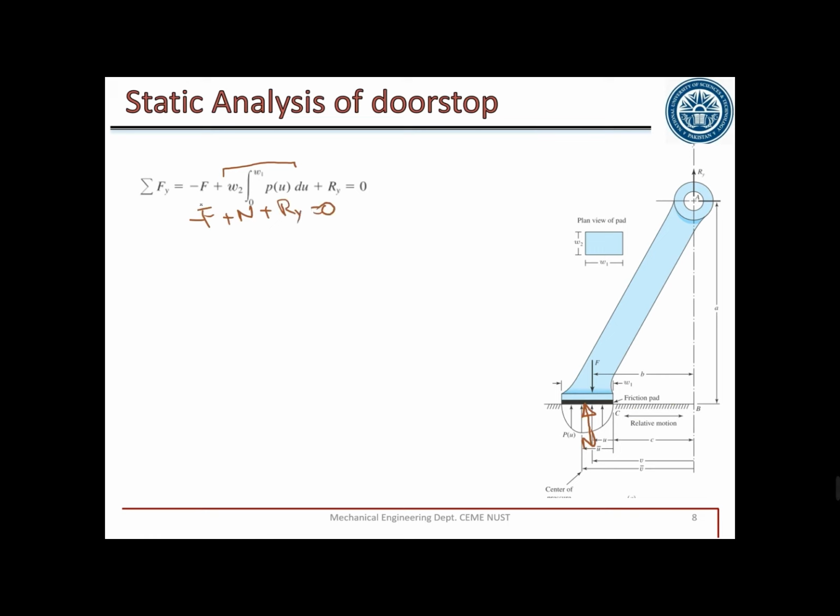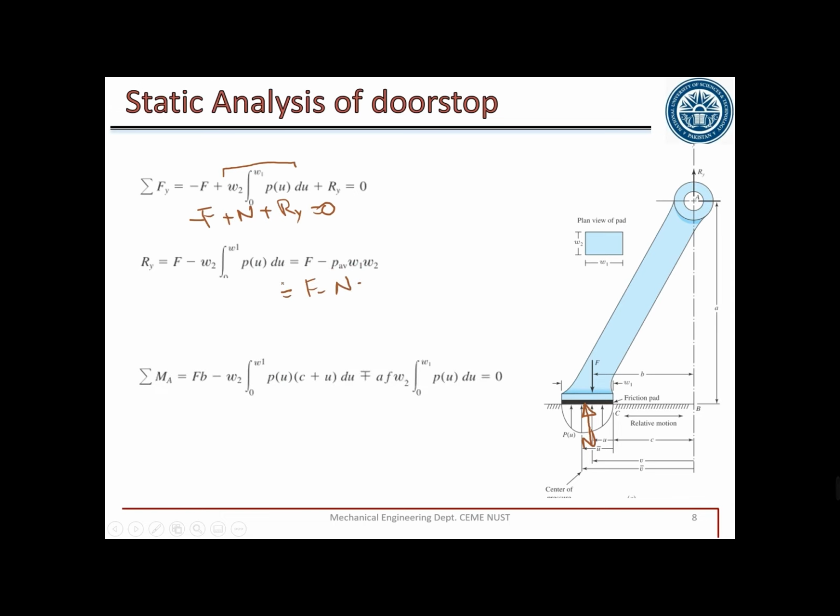You can calculate anything you want, either F or Ry. So Ry will be equal to F minus this term, or F minus P average W1 W2, or F minus N. So this is the second equation.